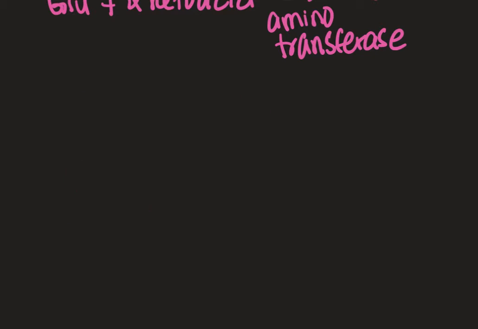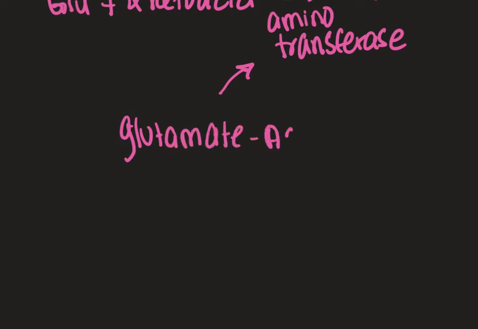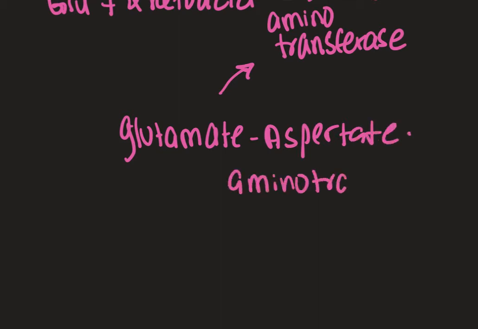Okay, so back to the aminotransferases. Aminotransferases are named according to their amino acid substrates. So, for example, if you were synthesizing aspartate, you would have an aminotransferase that is named glutamate aspartate aminotransferase.